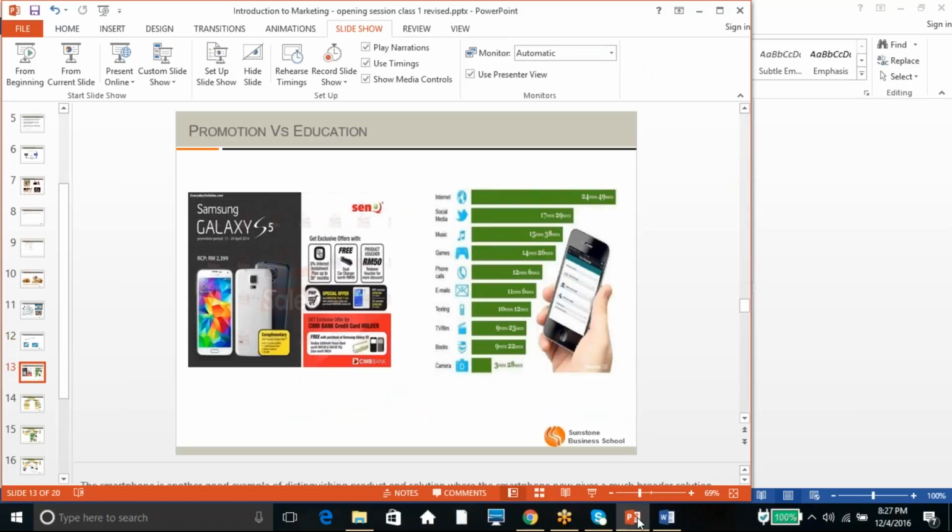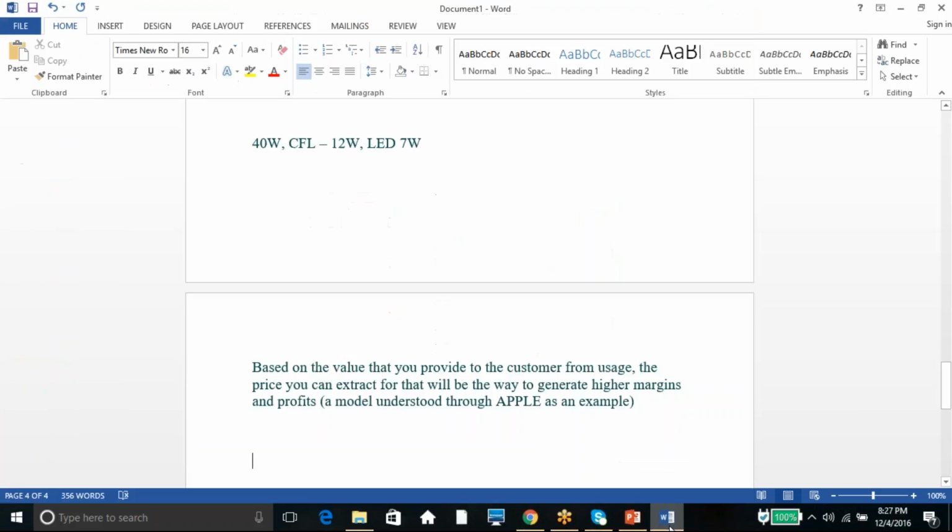And therefore, when you educate, you want people to derive more value, which means use it more. Okay, so value is usage. The more the usage, the more the variety of usage, the more the value, and hence the more the price the customer is willing to pay.